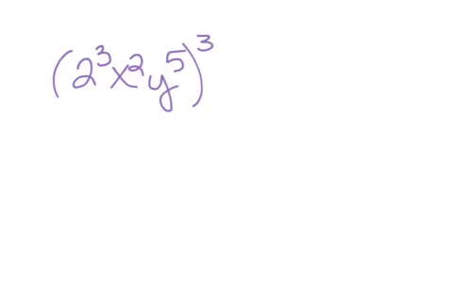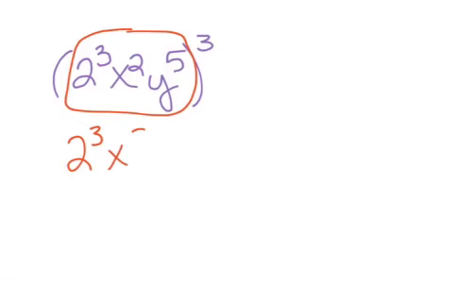All right, 2 cubed, x squared, y to the 5th, raised to the 3rd power. That means everything in here is going to be 3 times. So we'd have this.